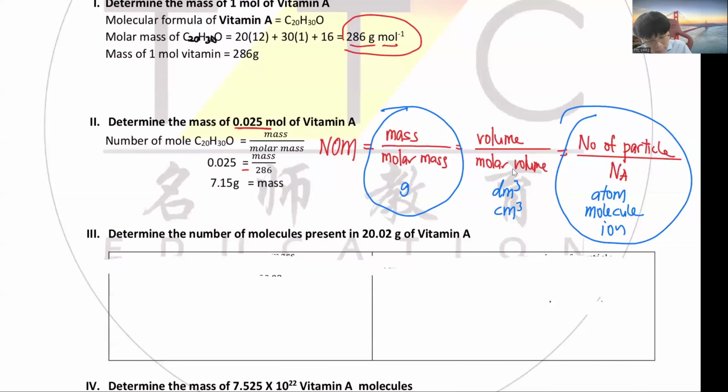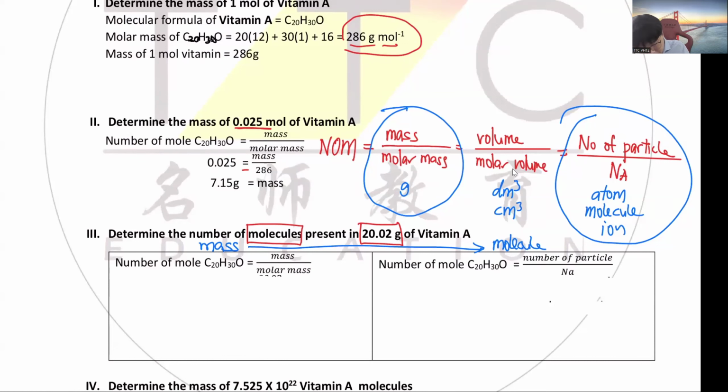Okay, after that, now they want to convert molecule to molecule and gram. So it's the same. They actually try to change mass into molecule. So use the mass formula and the molecule formula. So I got 20.2 divided by 286.